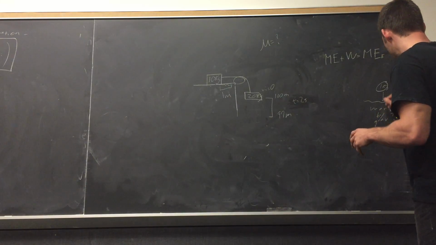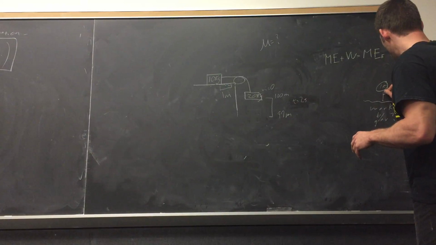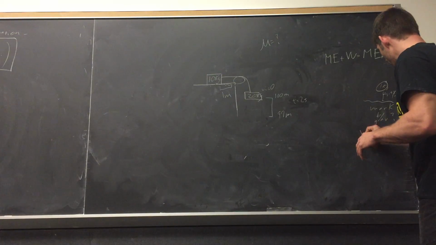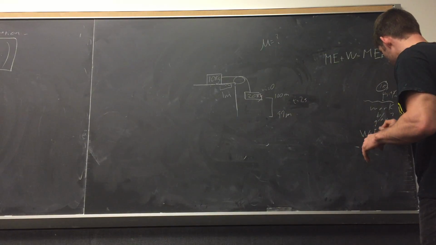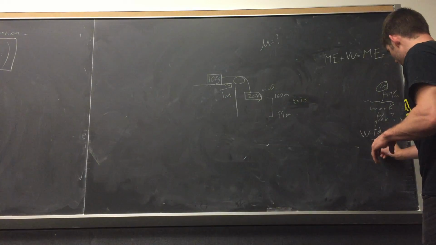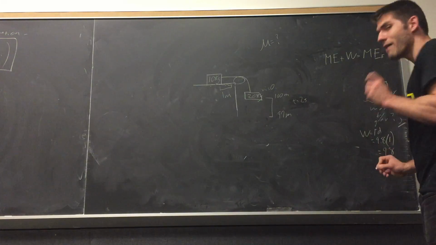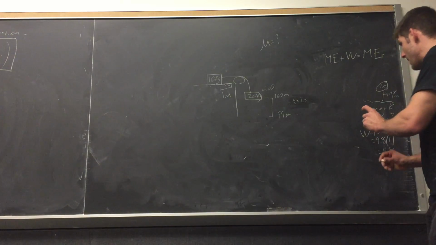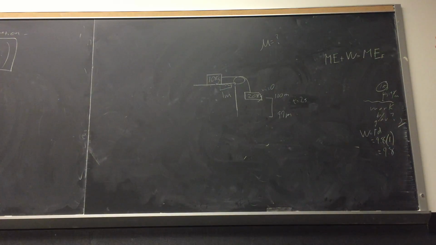The force of gravity is 9.8, it falls 1 meter, and work is force times distance, so 9.8 times 1 equals 9.8 joules. Gravity did 9.8 joules. Yes, that's a sucky definition, but it's still one you have to know.